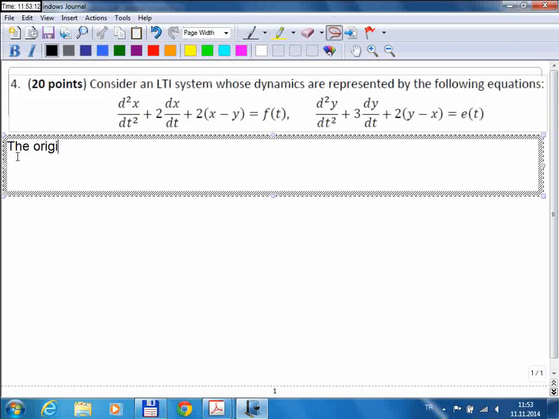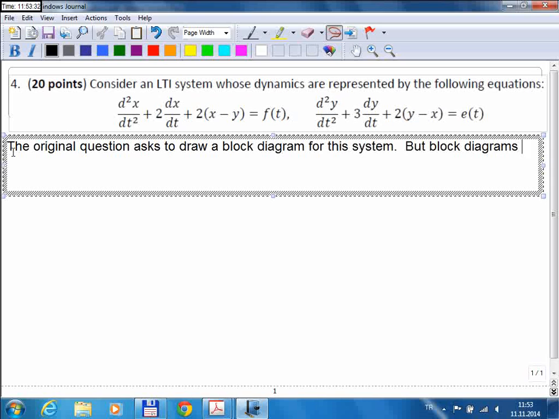The original question asks for a block diagram for this system. Block diagrams are not included in the exam.